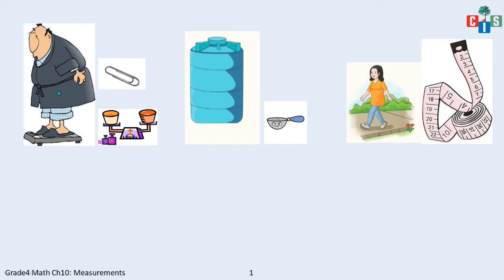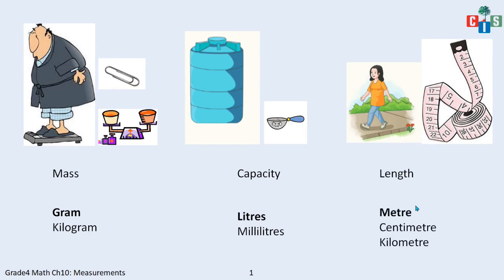You cannot weigh your weight by centimeter, or have a tank full of kilometers. For mass you have gram and kilograms, for capacity you have liter and milliliters, and for length you have kilometers, meters and centimeters. The standard unit of mass is gram, the standard unit of capacity is liter, and the standard unit of length is meter. That's why it's written in bold letters.